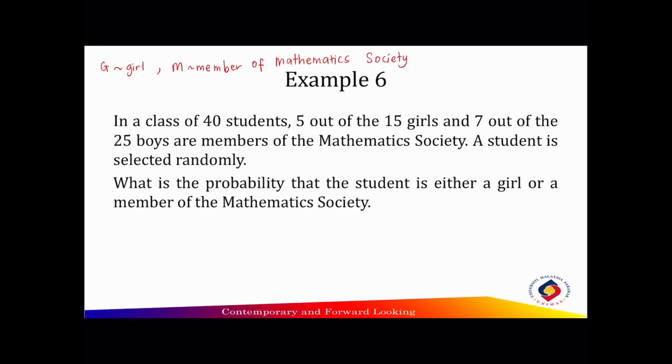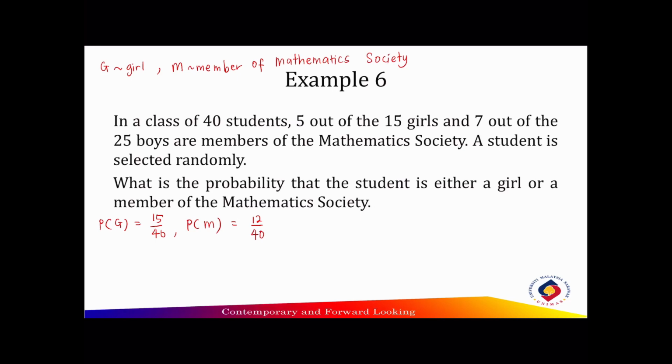From the question, we have the probability of all the girls in this class is 15/40. And then we also know that the probability of all the members in the mathematics society in this class is 12/40. We add 5 and 7 there, become 12, and out of all the students we will have 12/40.